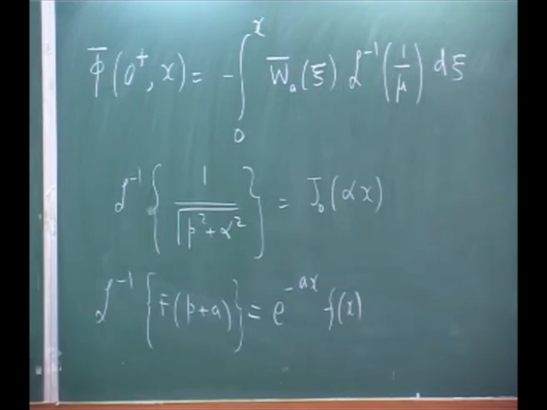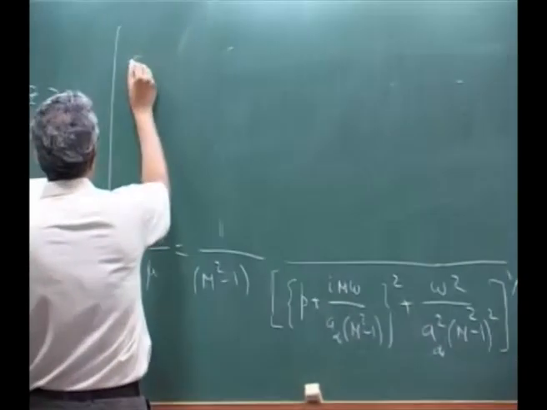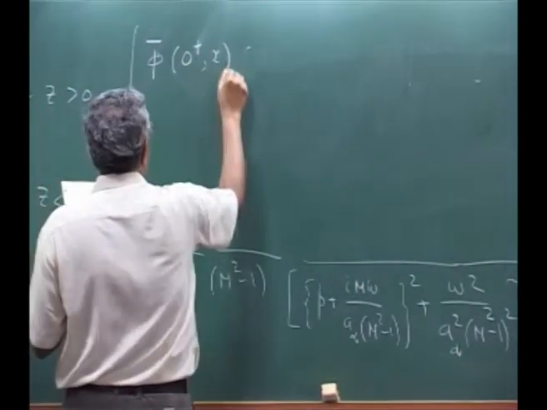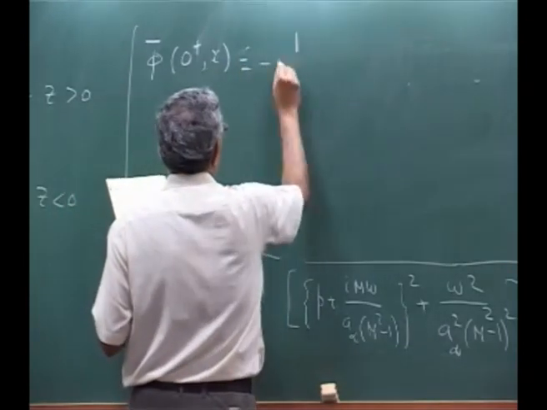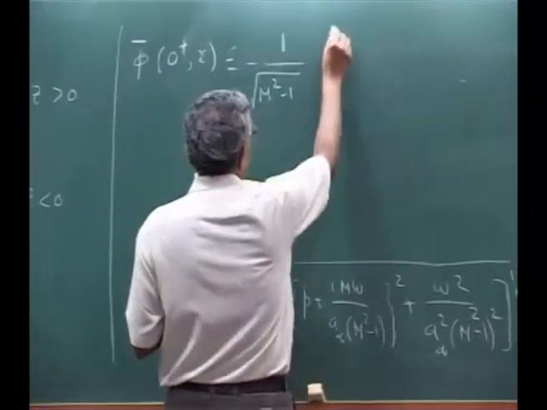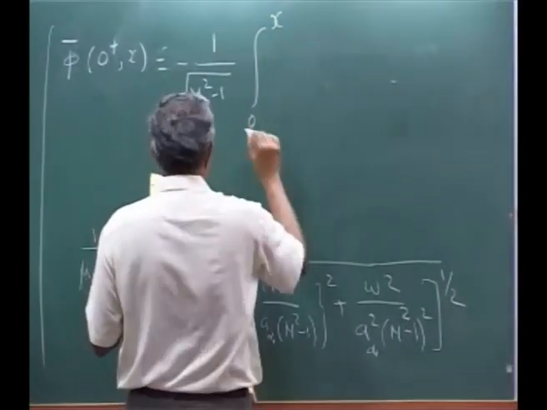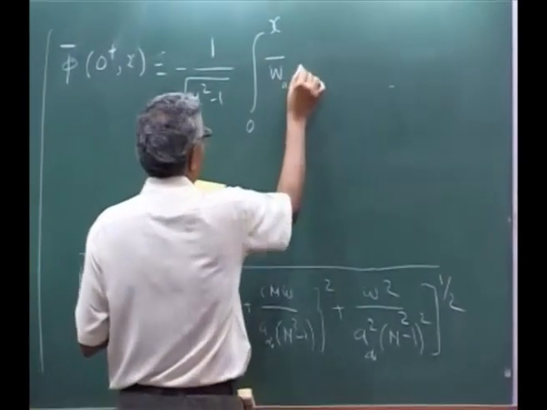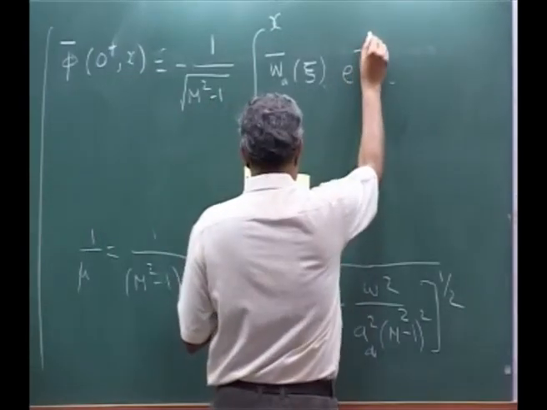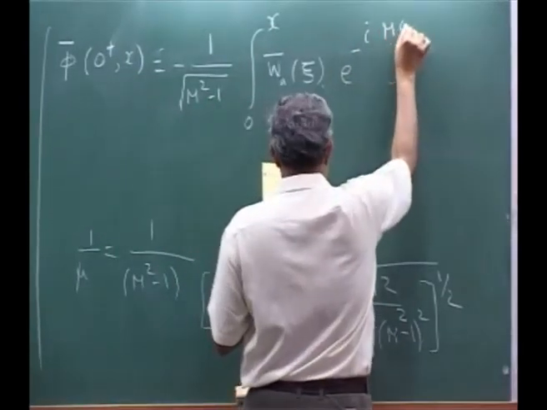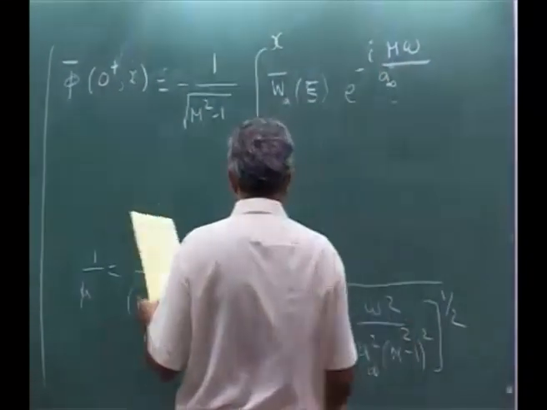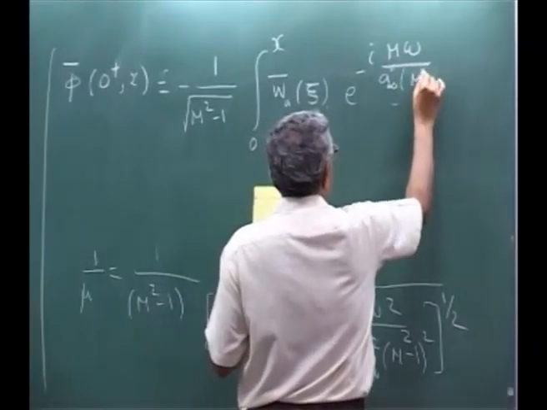Okay. This will be phi bar at 0 plus comma x, which is nothing but minus 1 over m square minus 1, integral 0 to x, W bar a of xi, e to the power minus i m omega over a infinity, a infinity into m square minus 1.